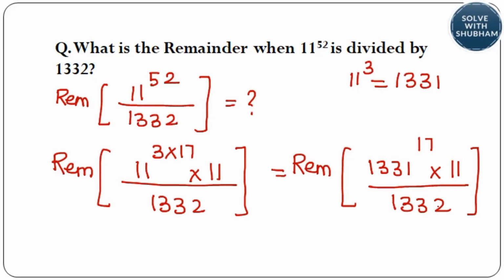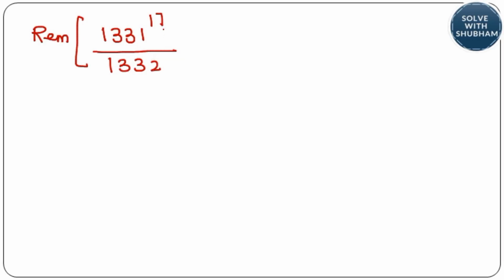Now the first part, remainder when 1331 to the power 17 is divided by 1332. Either we can say 1331 divided by 1332 will give us the remainder 1331, or you can say 1331 minus 1332, which is minus 1.